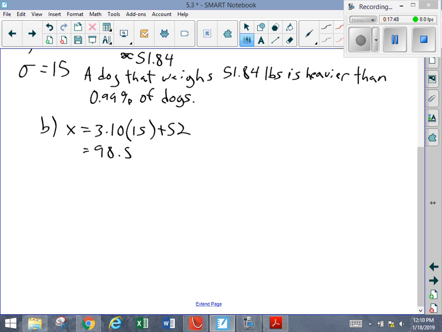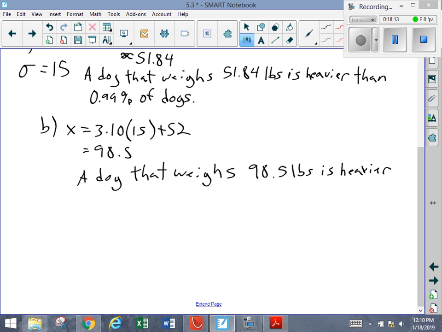So in this case, we would say that a dog that weighs 98.5 pounds is heavier. Let's figure out the percentage.